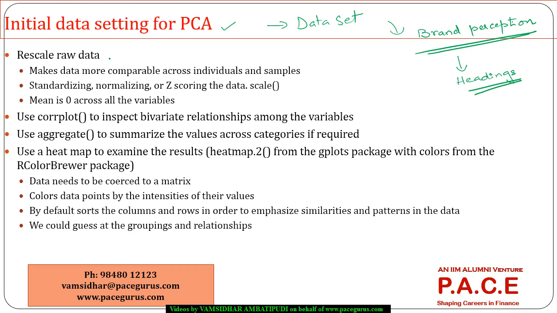Once I have my data, the first step is to rescale the raw data. Rescaling makes the data more comparable across the individuals and across the sample, especially if my data has different sizes. Here all the variables have a 1 to 10 scale, so the size is similar.